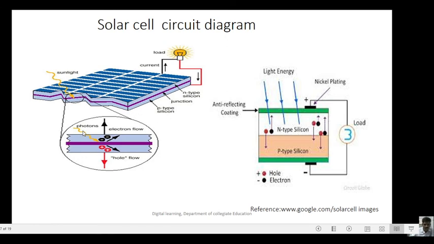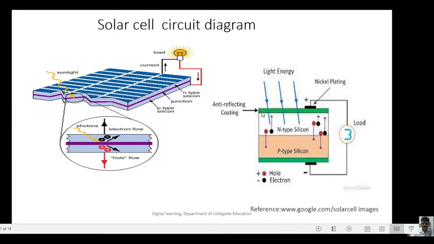So here positive and negative particles are produced. That means the electron-hole pairs, photons and electron flow are represented. Here light energy falls on the material, and here is the nickel coating, which forms the anode and cathode contacts. A bulb or any load resistance can be kept between the wires.